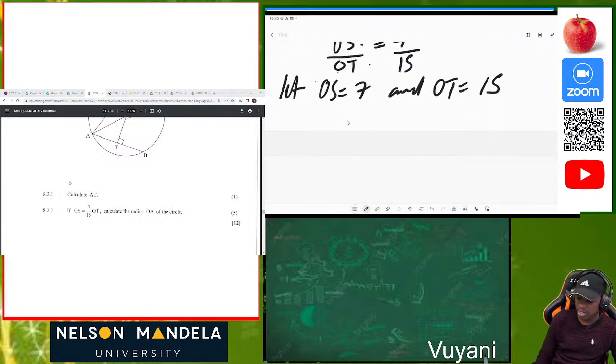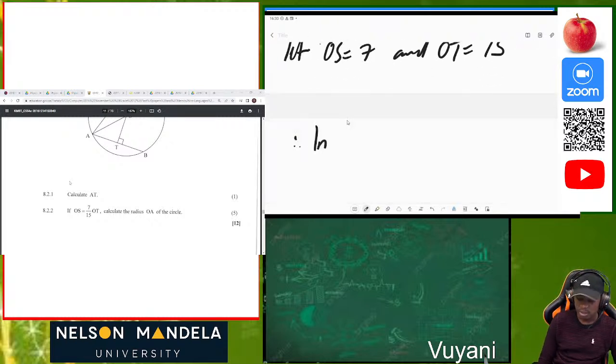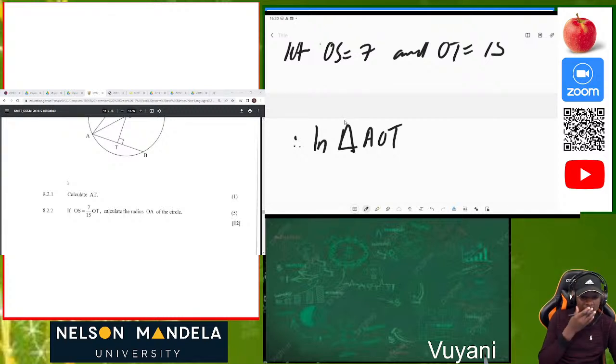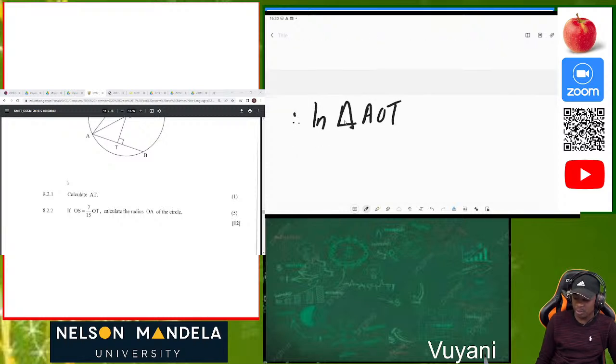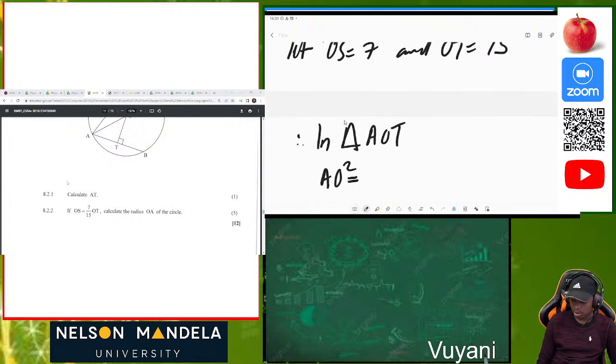Please, when you're writing, write all those triangles so that we can see what you are calculating. There are many triangles in this instance, so you must speak about the specific triangle you are dealing with. So in triangle AOT, what do we see? We see that AO squared is equal to 20 squared plus 15 squared.